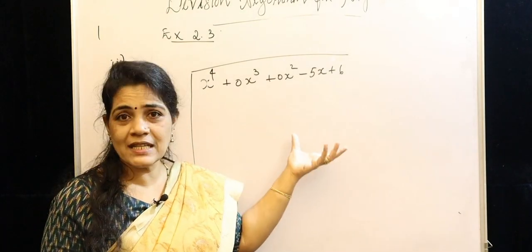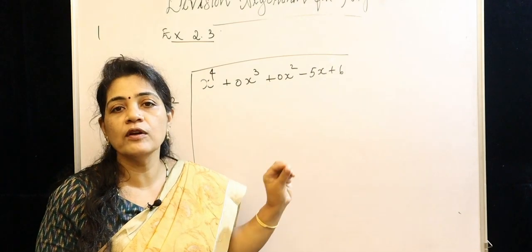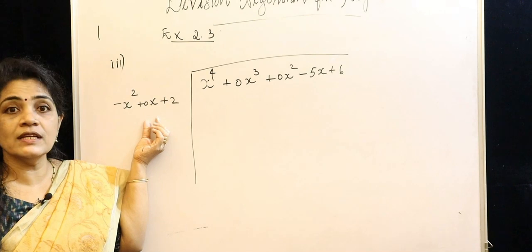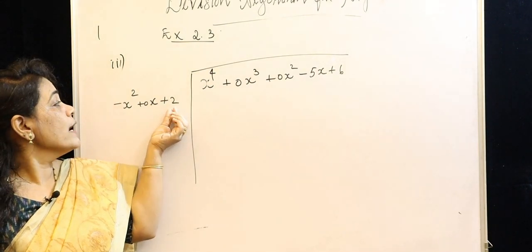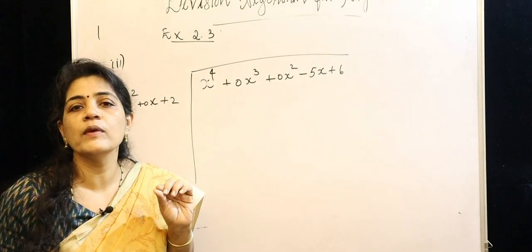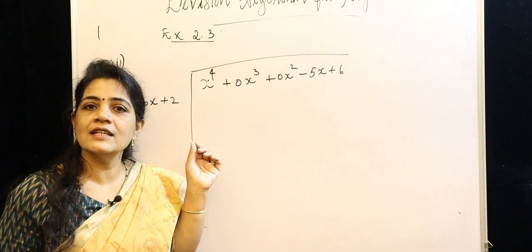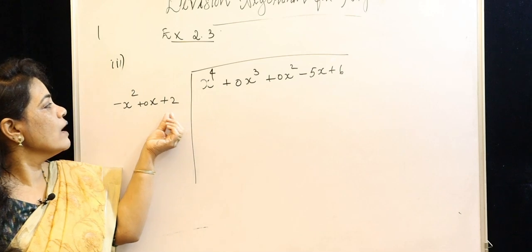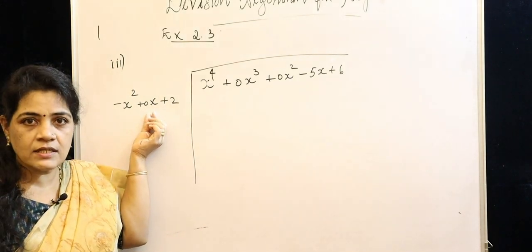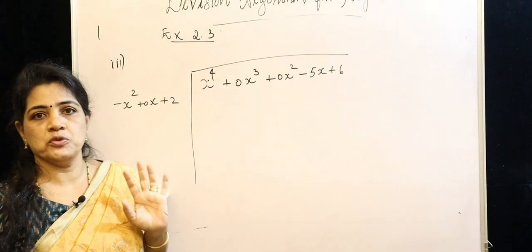This is not that much compulsory, but it would be better to avoid mistakes. And at the same time in g of x, it is given 2 minus x square. Okay, it's a quadratic polynomial, so x square term, then x term, then constant. So I have written minus x square, I rearranged, then plus 0x plus 2.